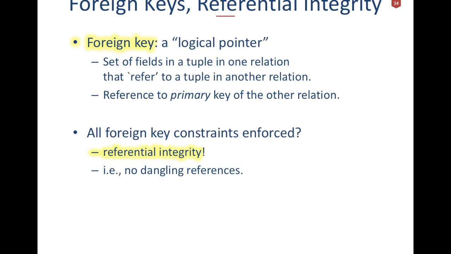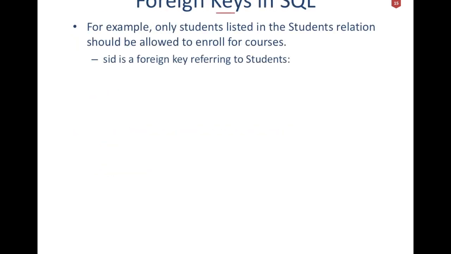And usually a foreign key in one table refers to a primary key in another table. When all foreign key constraints are enforced, we call this referential integrity, because we don't want it to refer to something that doesn't exist. Referring to something that doesn't exist is called a dangling reference, and enforcing referential integrity will avoid dangling references.